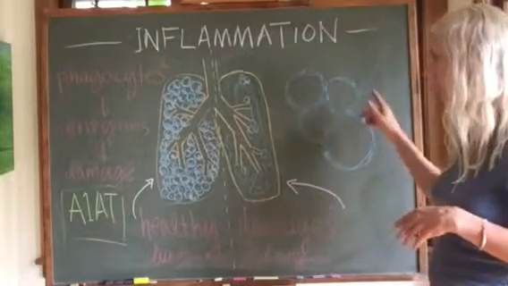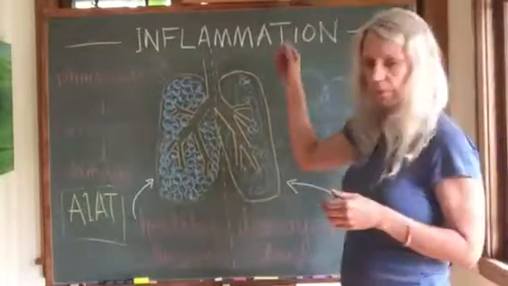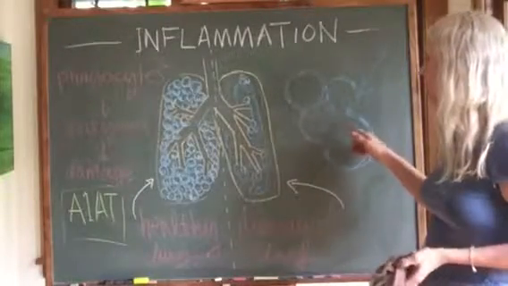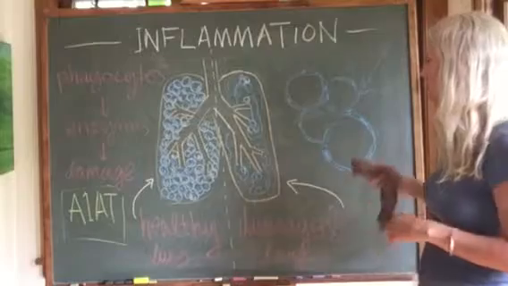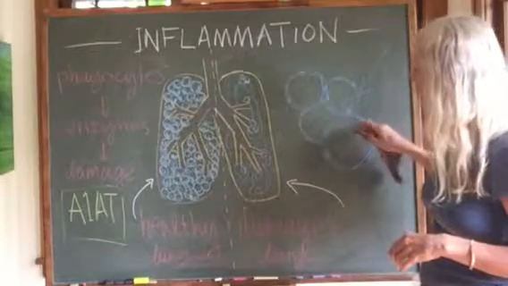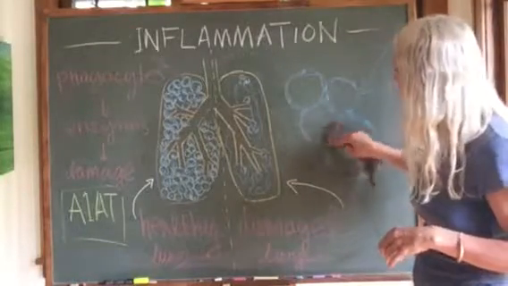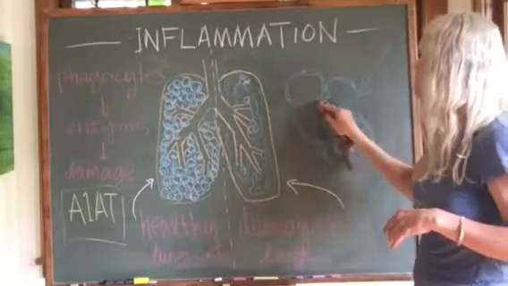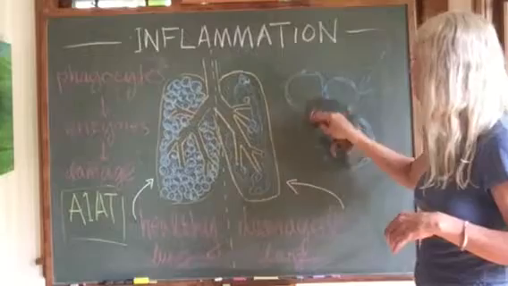So over time, our simple squamous cells that we talked about being so delicate get damaged, and those enzymes wreak havoc on them, and they start to deteriorate. So they break down. The walls of this alveolar sac start to break down, disintegrate.